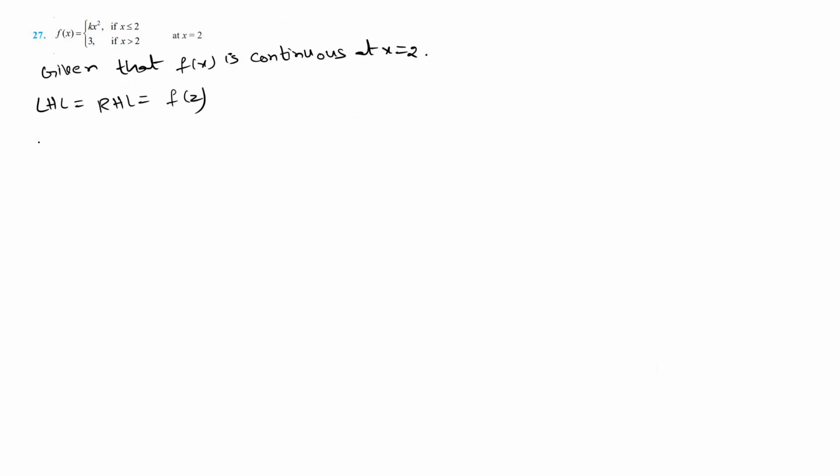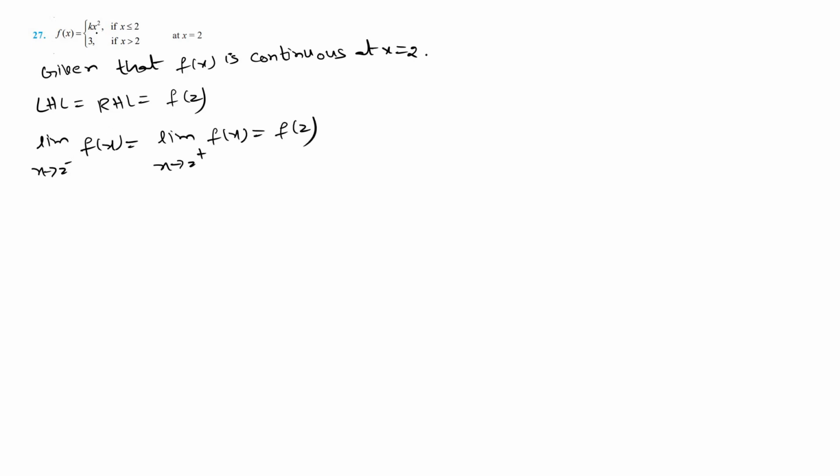So LHL means limit x tends to 2 minus f of x is equal to limit x tends to 2 plus f of x is equal to f of 2.